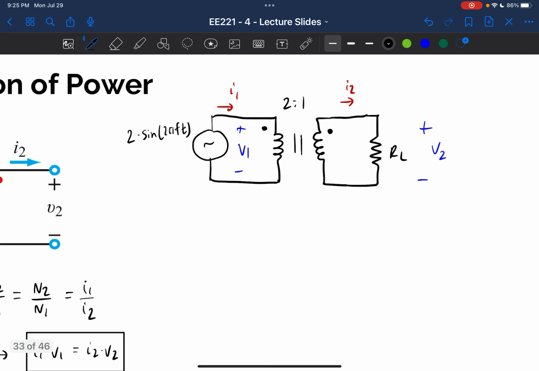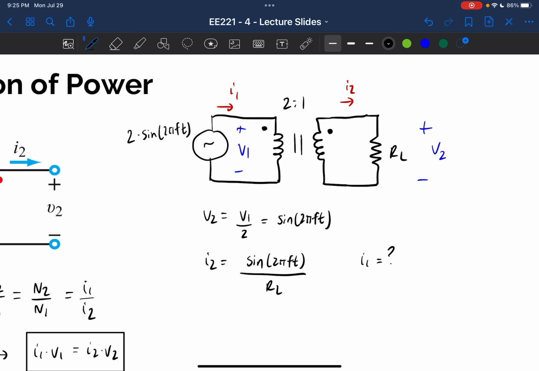And I know it's a 2-to-1 transformer, so I can just say that V2 is going to basically be V1 divided by 2, which is equal to the sine of 2 pi ft, right? And my current, I2, is obviously the sine of 2 pi ft divided by RL. And so what is I1? Well, going this way, the current has to be stepped down because the voltage is stepped up, right?